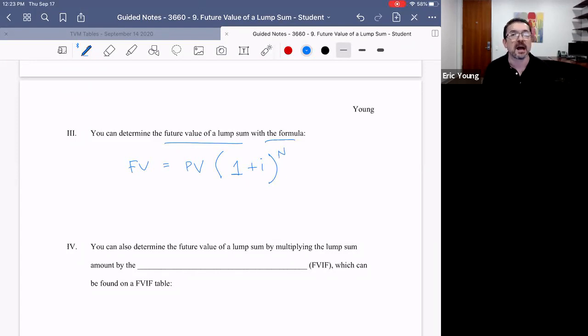And you can see now how all of your different variables are playing in, okay? PV, your present value, that is what you start with. And this critical thing here, 1 plus your interest rate raised to the n, this is basically your compound factor.